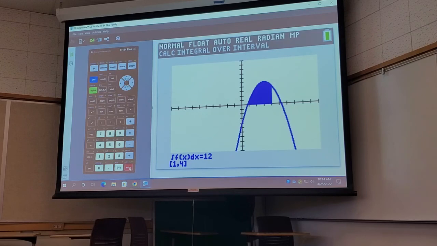Right now, there's no reason we would think that this is related to the antiderivative. But it totally is. So the derivative tells us slope. We're going to prove that the antiderivative gives us area under a function.